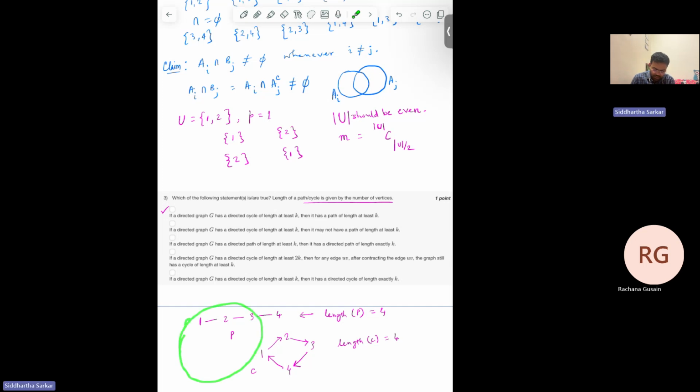So in general, if there are k vertices forming a directed cycle, you remove exactly one of the edges and you end up with a directed path of exactly the same length. So therefore, this statement is true.